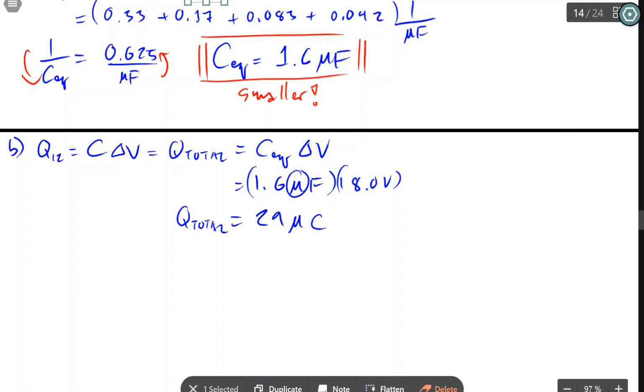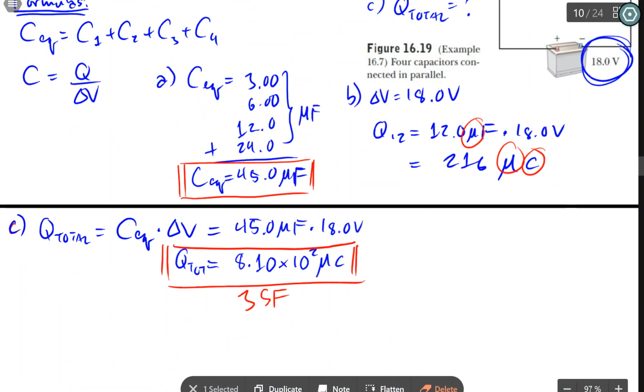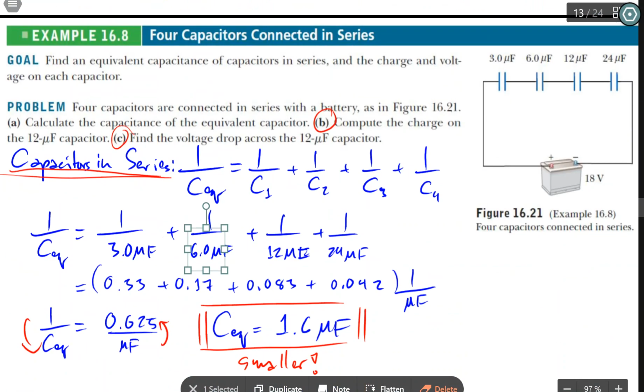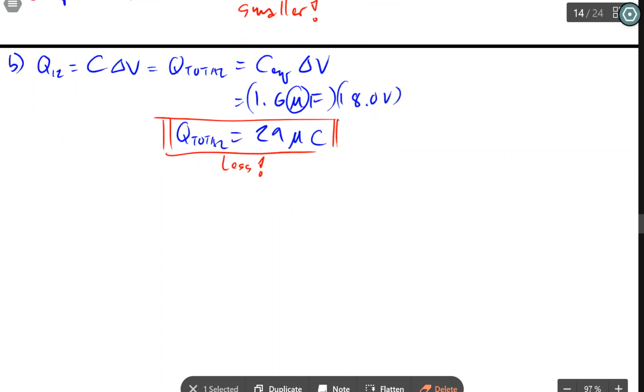Okay, now what do we notice about the charge here compared to what we had earlier? This one is actually also less, since the capacitance is smaller. Okay, how about the potential drop? This should be different. So the potential drop across the 12 should be the charge over the capacitance on the bottom, rather.